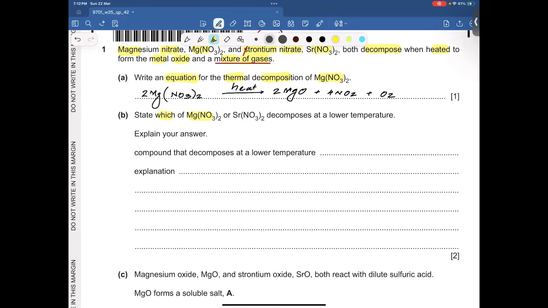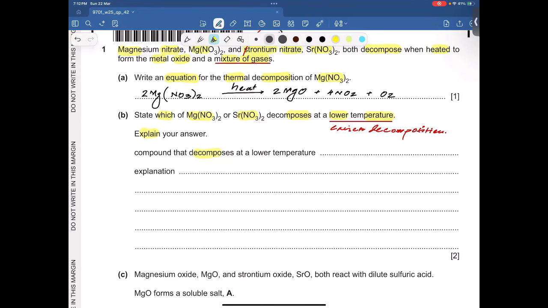Which, magnesium nitrate or strontium nitrate, decomposes at lower temperature? Lower temperature means easier decomposition. The examiner is looking for the explanation.